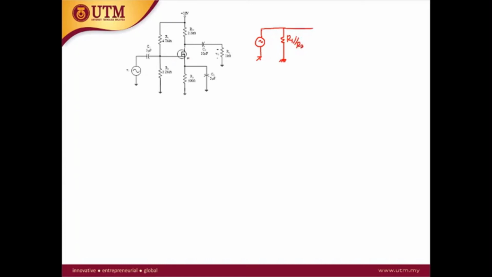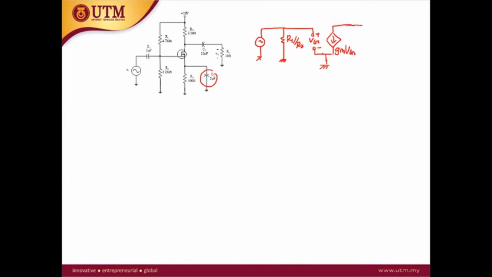Next we have the gate. The gate source is open circuit. This is your VGS. At the source, since we have this bypass capacitor, RS will not appear, so the source is directly grounded. Between the source and drain, we have the current source, gm VGS.